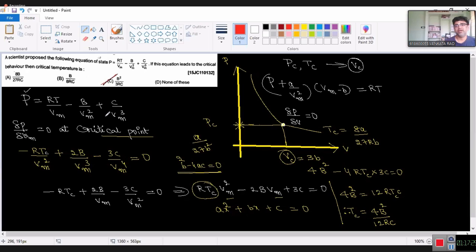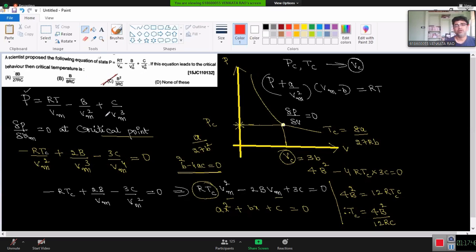If the gas obeys the van der Waals equation, critical temperature is equal to 8a by 27Rb. Now the given equation is not the van der Waals equation, but we know that at a critical point dP/dVm is equal to 0. And we are getting a quadratic equation.